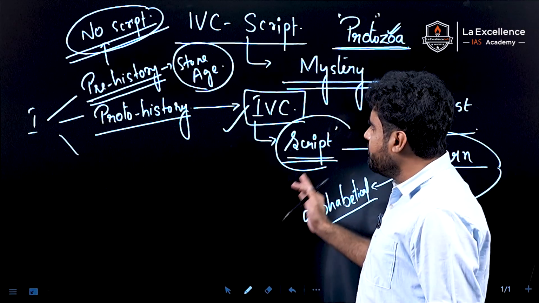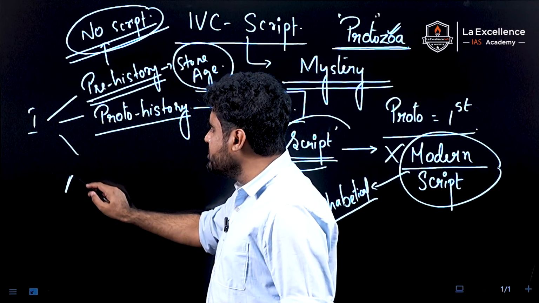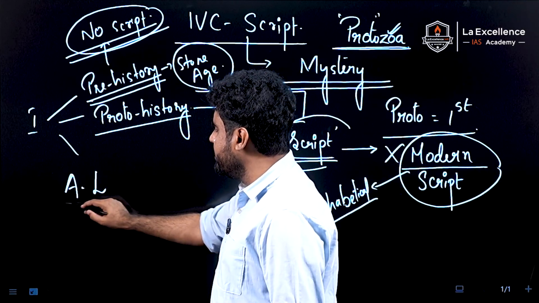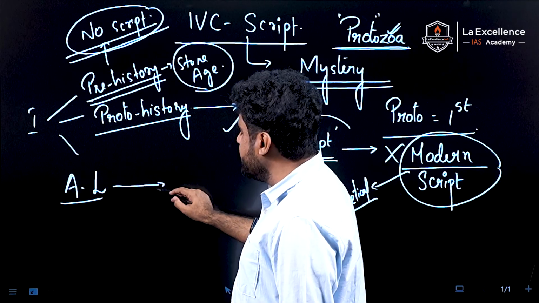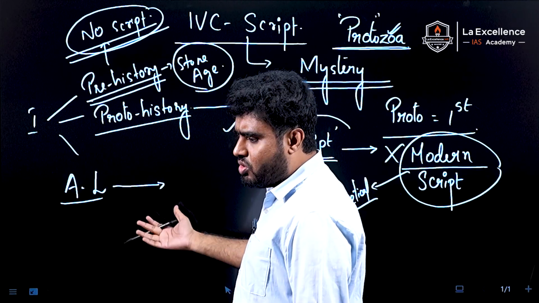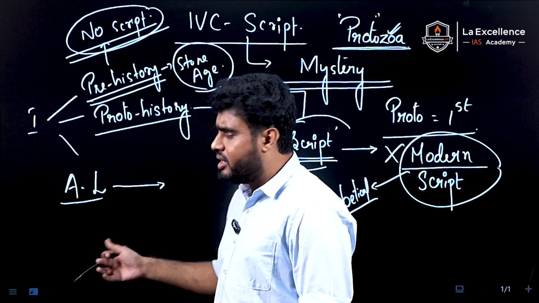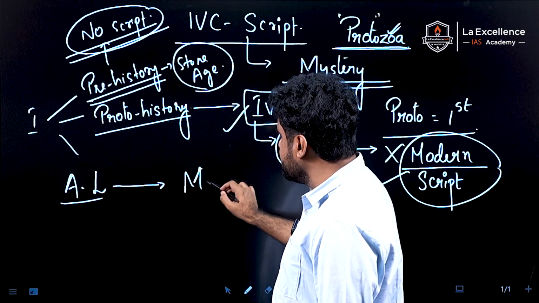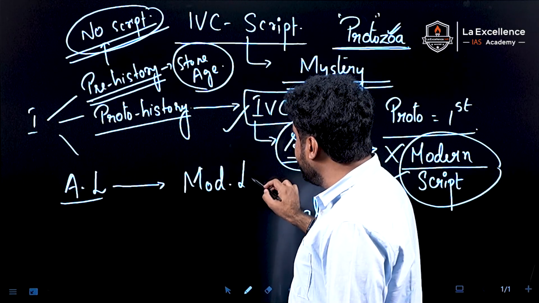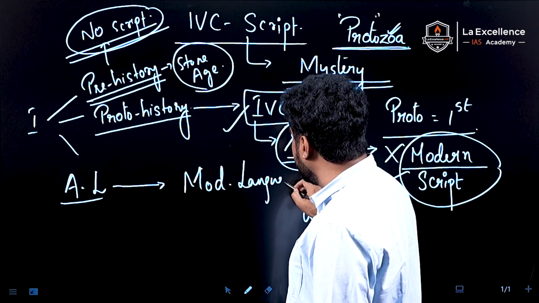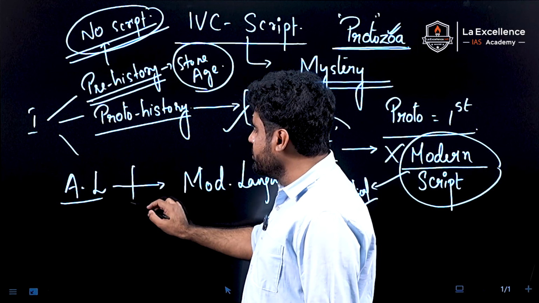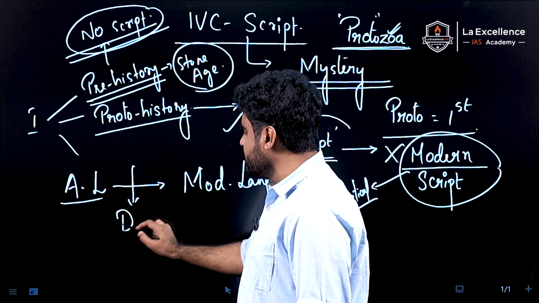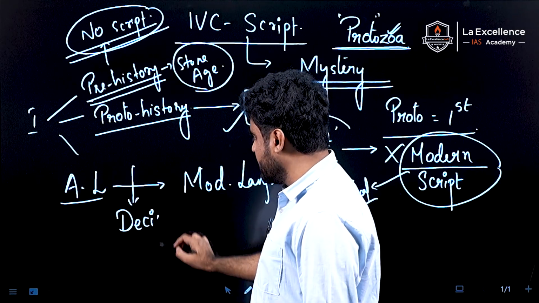So in general, whenever any ancient language needs to be translated, decoded, or converted into a modern language, in history we use one specific term, which is called deciphering the script.